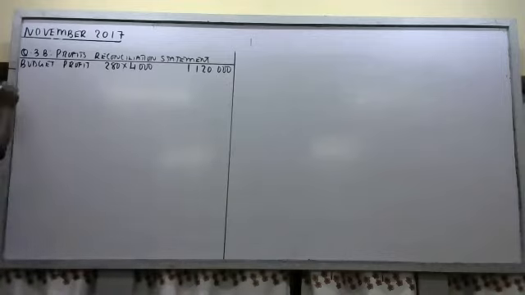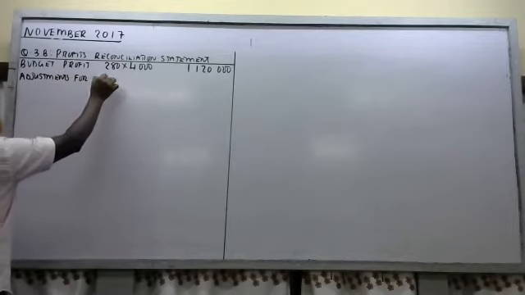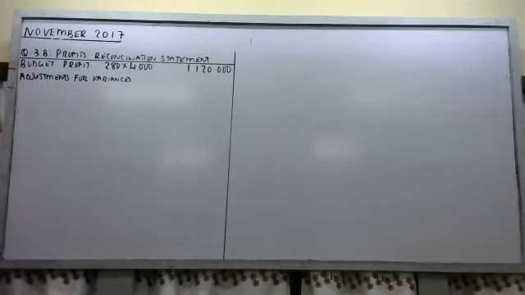Then we bring adjustments for variances. So for the variances, we said we have sales price.